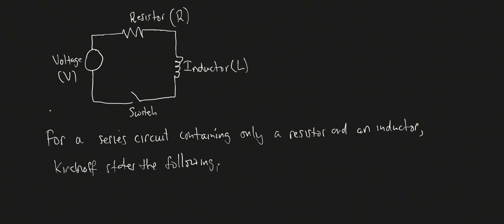That's basically what Kirchhoff says. Kirchhoff says the sum of the voltage drops, and I'll pluralize it because you can have many if you have many components, is equal to the impressed voltage.